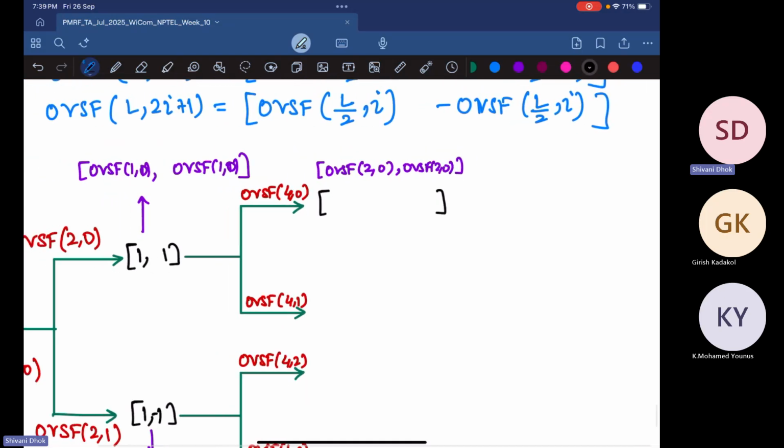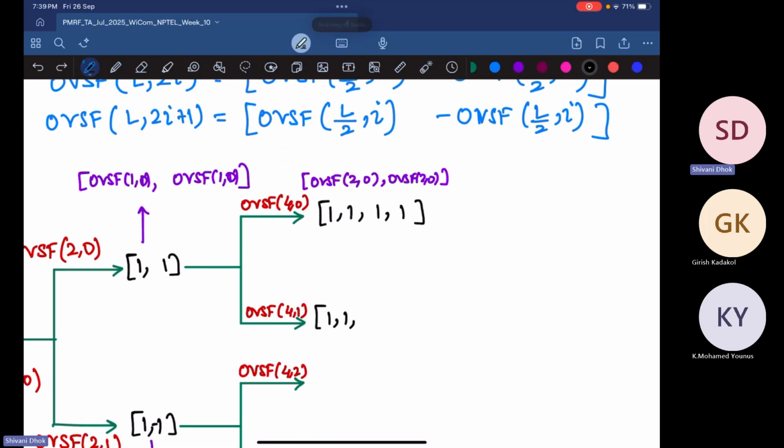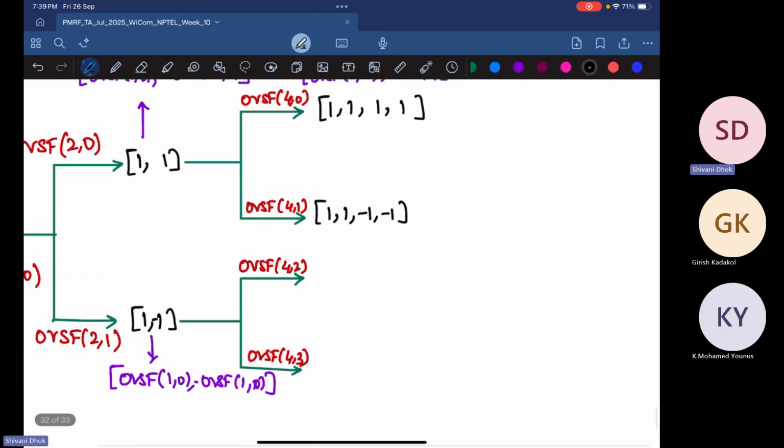So first we will just repeat 1 1 1 1. So this is the first one, and then we'll repeat the first part as it is, and then we'll change the sign afterwards. Similarly here, first we'll repeat it as it is, and then we'll flip the sign.